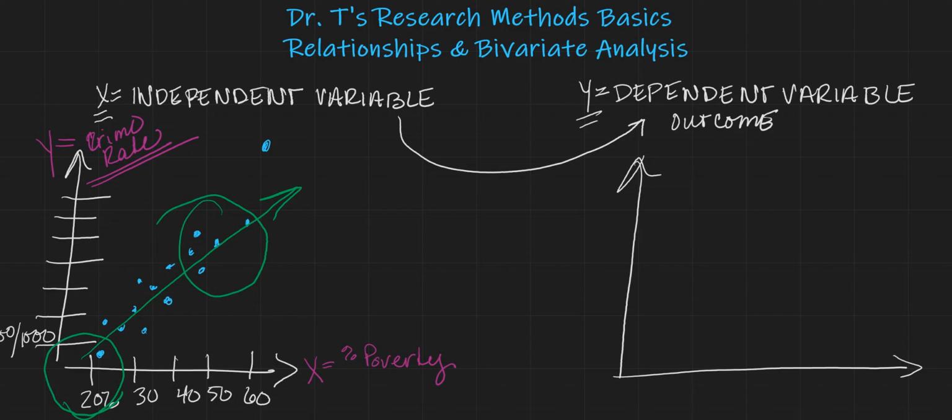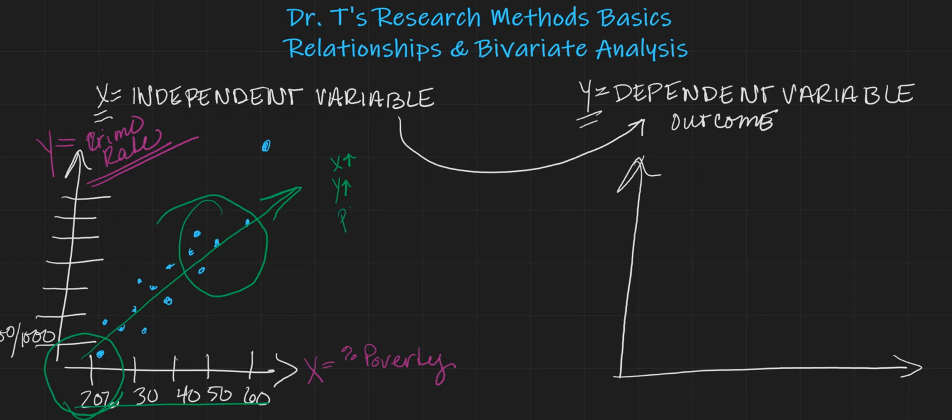I would say that I have a positive relationship because the X, my percent poverty, is increasing, and at the same time my Y, my crime rate, the one I'm most interested in understanding, is also increasing.